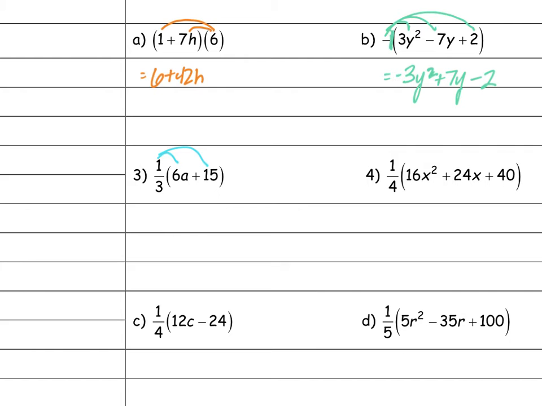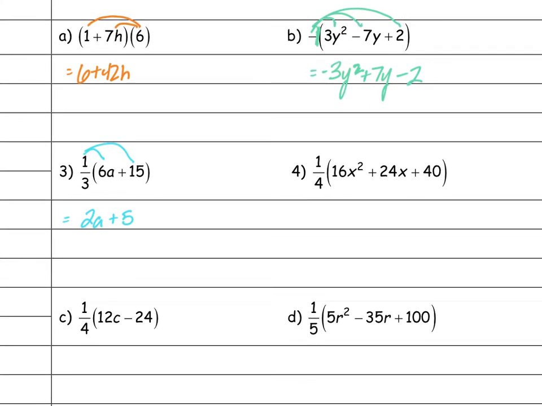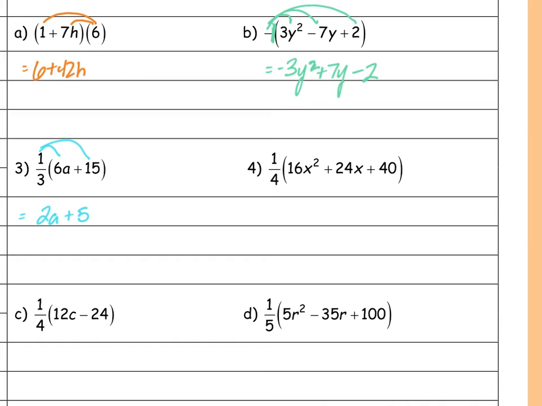So that becomes 2a. And 1/3 of 15, or I take 15 and divide it into 3 pieces, well, one of those pieces would be 5. So it'd be 2a plus 5. Same thing on number 4. Instead of 1/3, this time I'm taking 1/4, and I'm going to distribute it through everything.